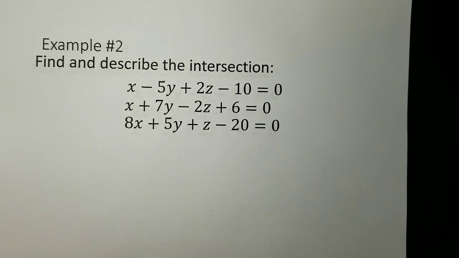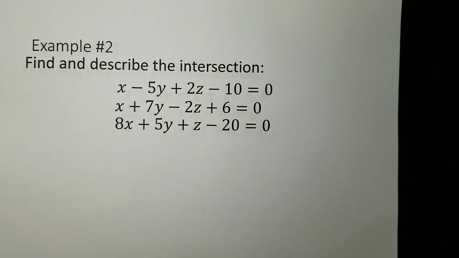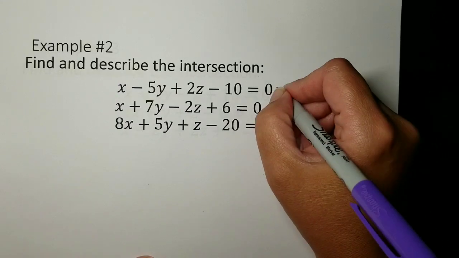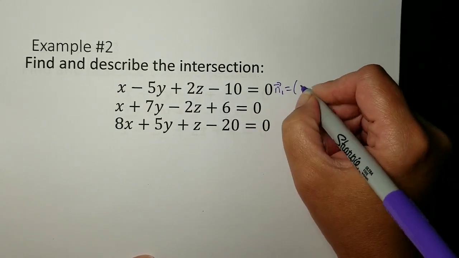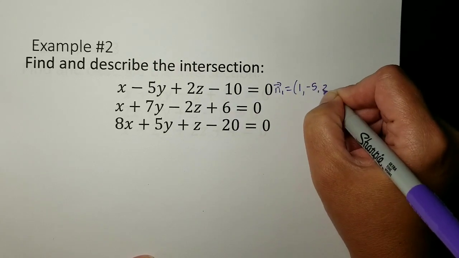In the next example, we're going to go through a similar situation. We're going to try again to solve, but it's going to come out a little bit differently. So again, just like I said before, we're always going to write out my normals just to show really clearly that it's not one of the first 5 cases.